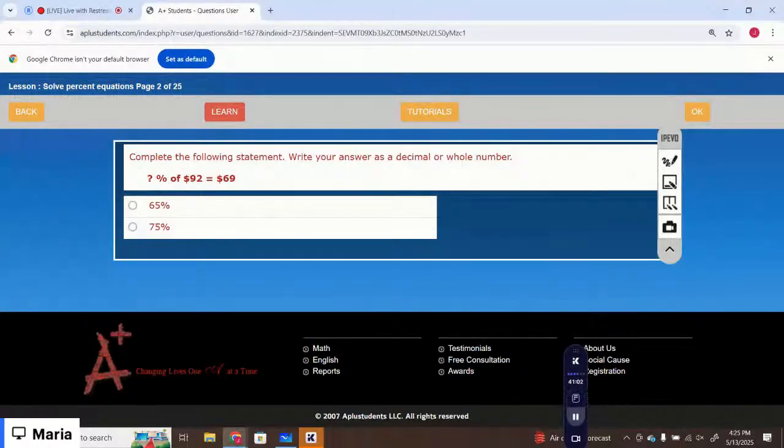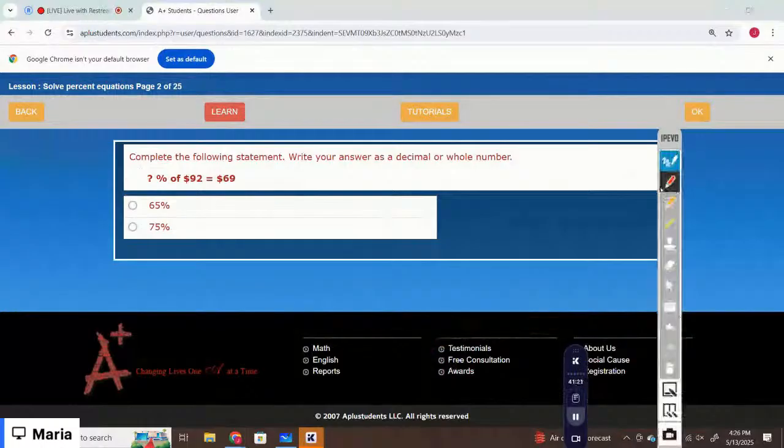Complete the following statement. What percent of 92 is 69? You are given the whole number and the part. You need to calculate what percent the part is of the whole number. So that would be 69 divided by 92 equals n over 100. n equals 69 times 100 over 92.